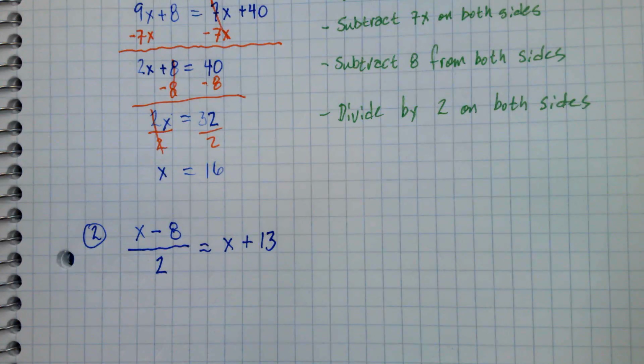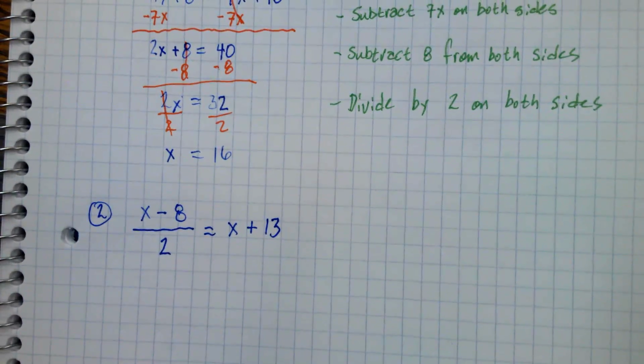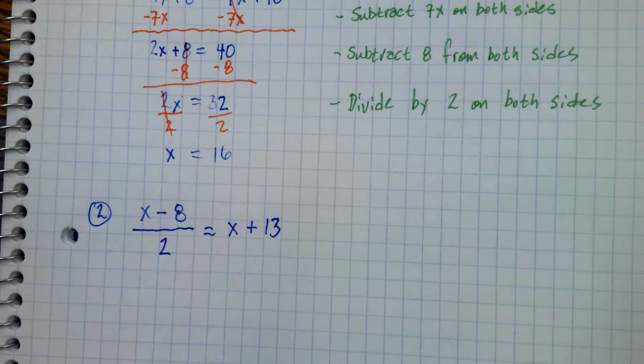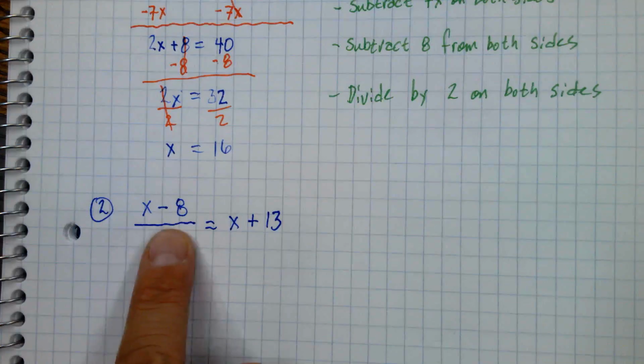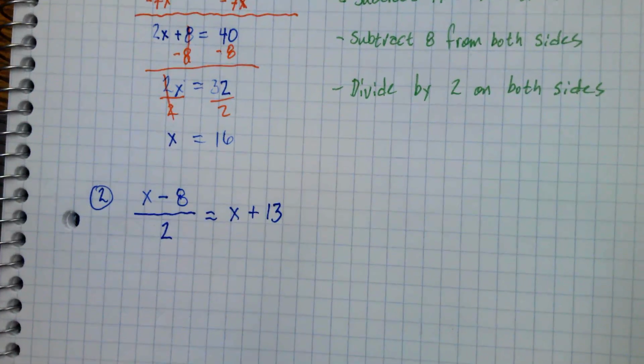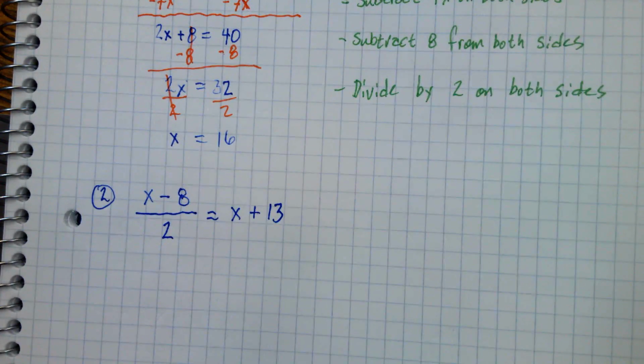This is going to go a little out of the order of what we just did. But I want to see what your thinking is on this. So write that down. x, take away 8, divided by 2 equals x plus 13. We still want to get x by itself, right?